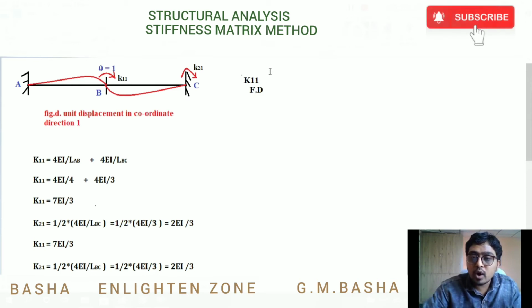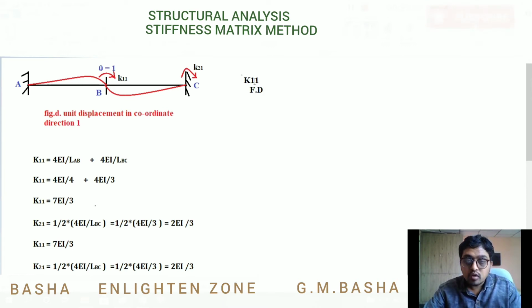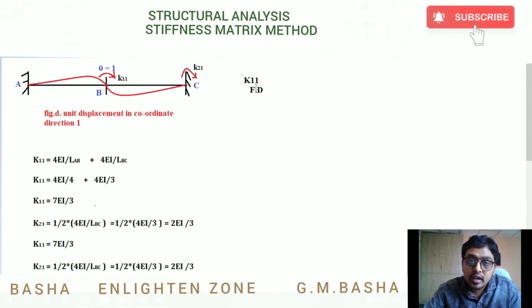So in what way you have to remember this K11? First one for the force and second one for the displacement. F means force at the first coordinate direction when the displacement is also at the first coordinate direction. You remember like this, F and D: force at the first coordinate direction when the displacement is also at the first coordinate direction.